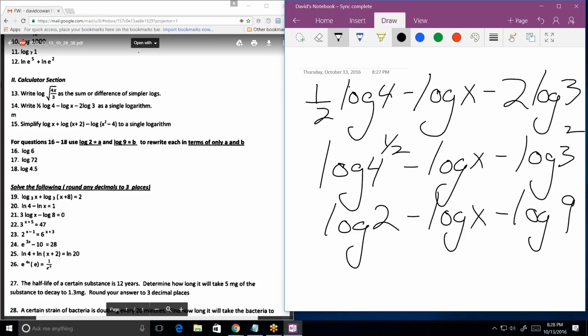With me? Now, what's the single log function that they're looking for? So it'd be log 2 over 9x. You got it. Perfect. Okay.